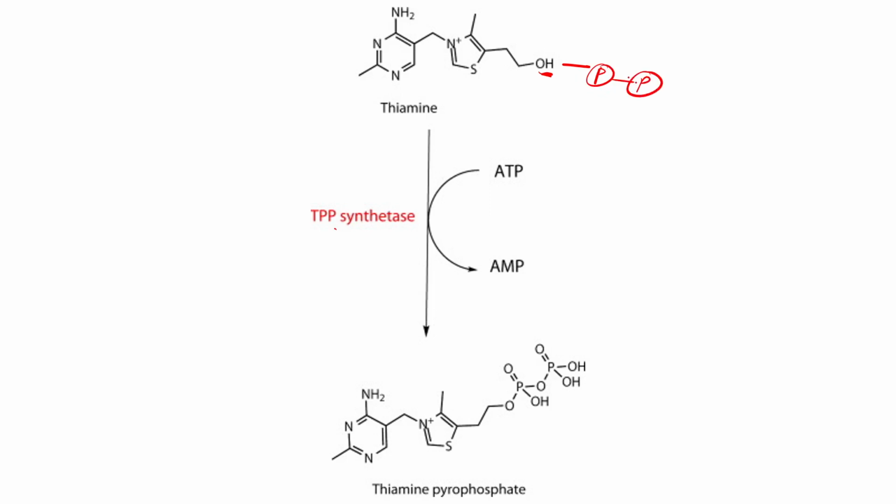A pyrophosphate group is attached to become TPP. Okay, till this part we have thiamine, and then thiamine has a pyrophosphate attached, and this pyrophosphate is coming from the ATP molecule. ATP is losing that pyrophosphate to become AMP molecule. Okay, simple.